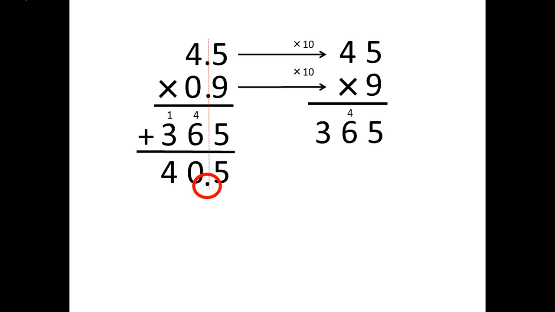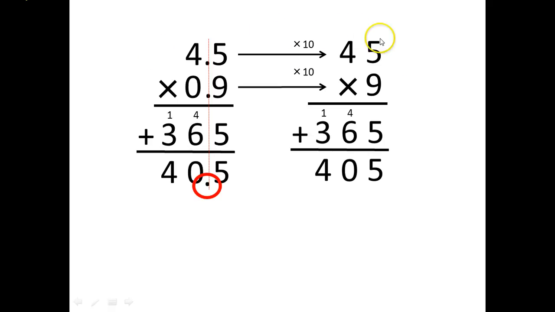Then, as you all know, we add the numbers in each place. So 5 stays the same, but for the tens place we have 40 and 60, so adding those two we get 0 tens and 1 hundred. 100 plus 300 is 400. So we get 405.